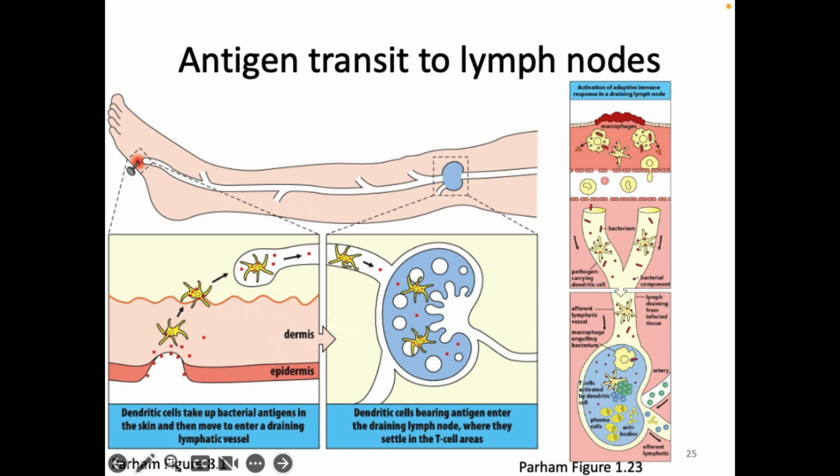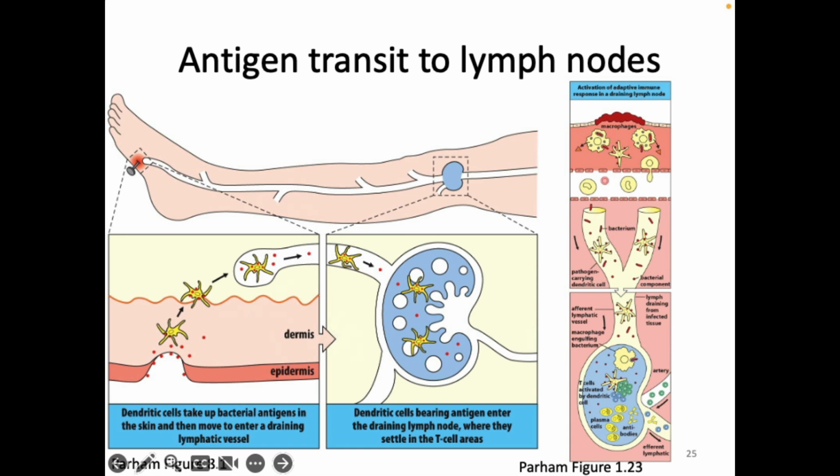So here you can see on the right from your textbook, here's this nice open lymphatic vessel, and random microbes or random antigens might just get pushed in there when they're free in the interstitial fluid and sort of passively get pushed through the lymph. You can see some of these little red dots going through this lymph freely. That's one way, it's sort of just transport in the lymph.